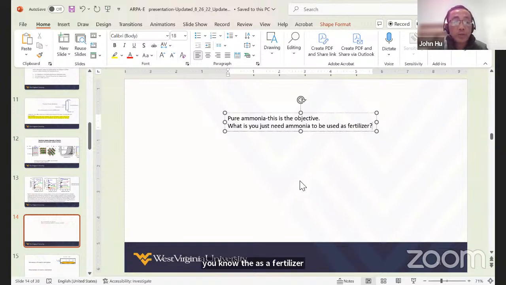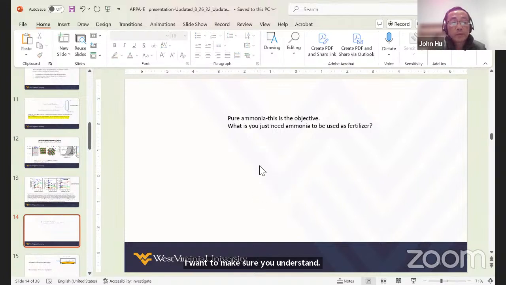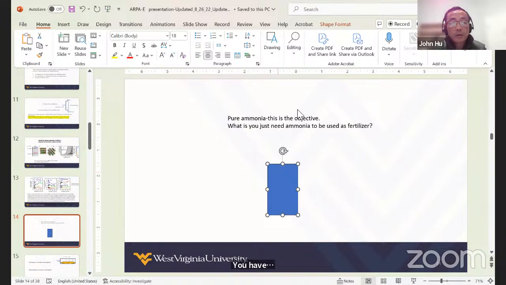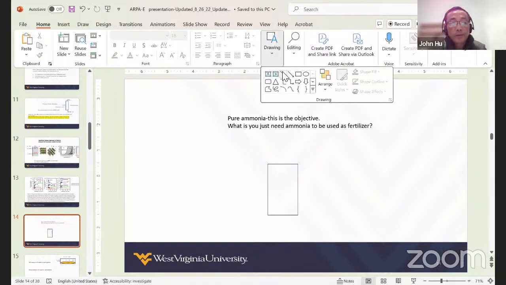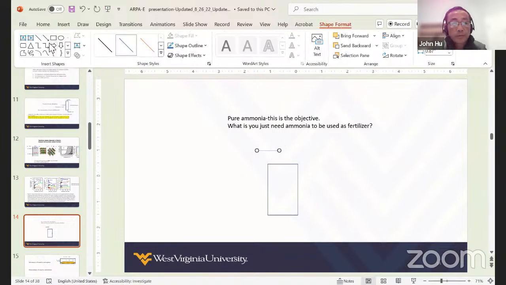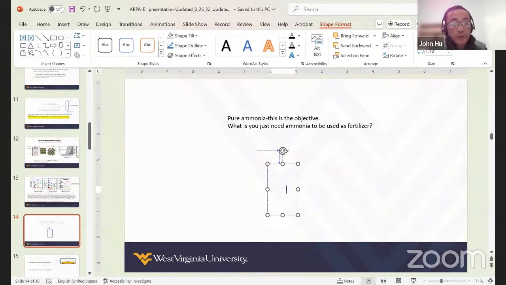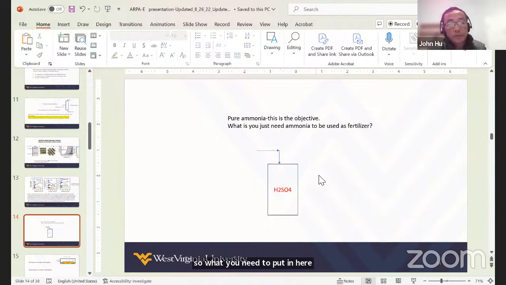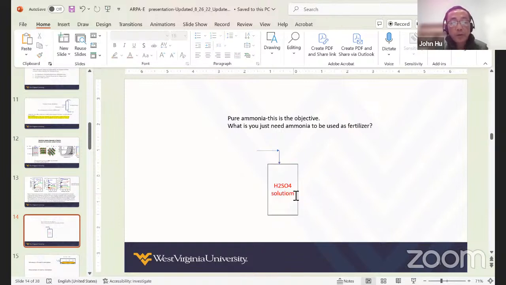One separation technology is more like this. I want to make sure you understand. So basically, you have a solution.